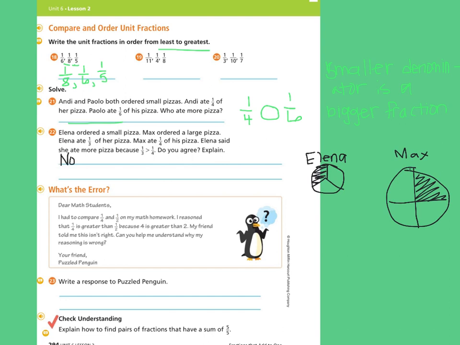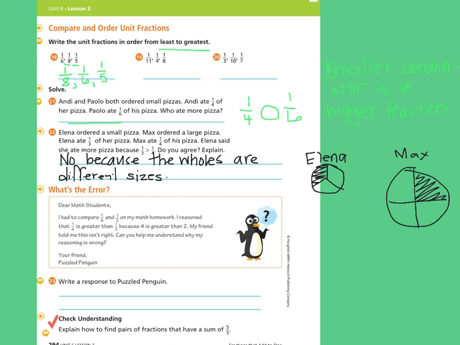So no, we don't agree because the wholes are different sizes. Meaning one of them was a small and one of them was the large.